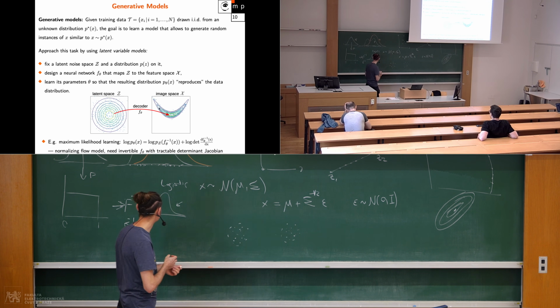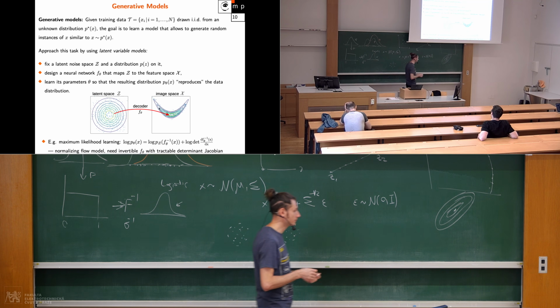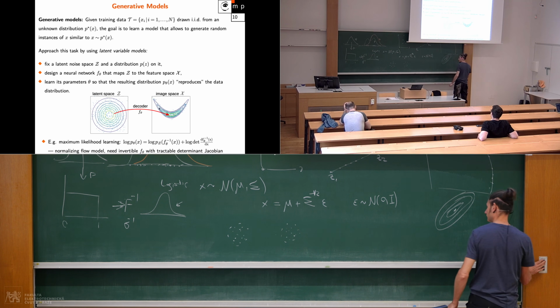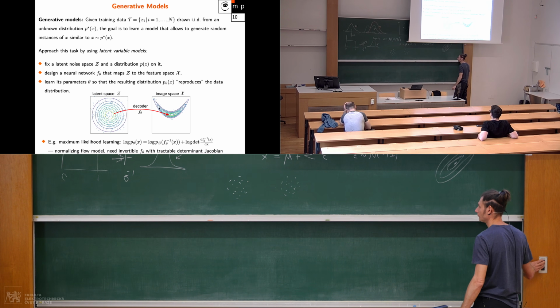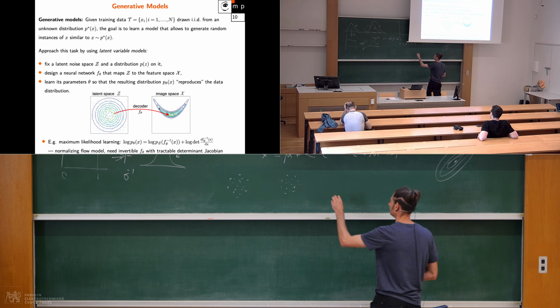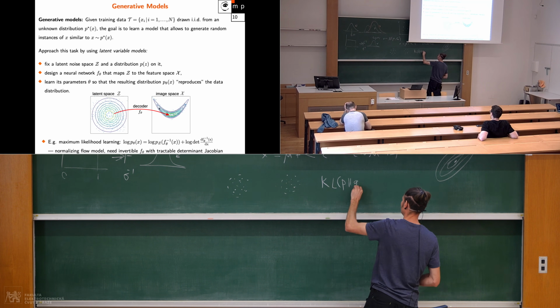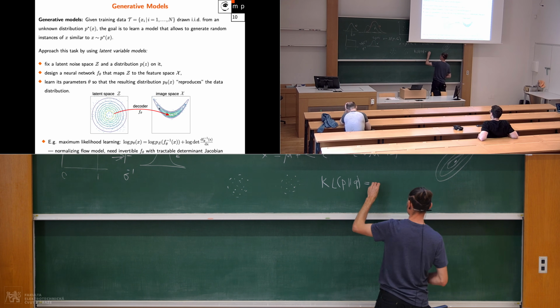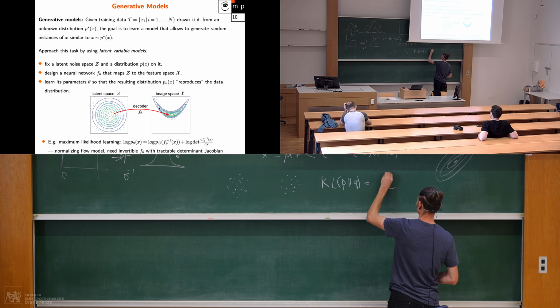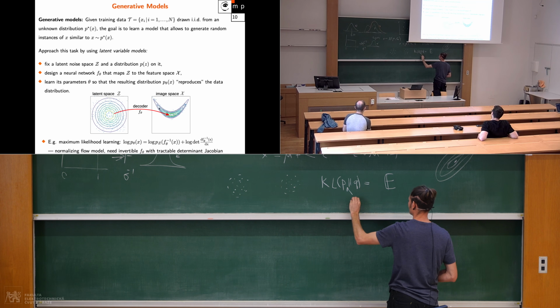And one way to measure this difference is the forward Kullback-Leibler divergence. So if you have the Kullback-Leibler divergence of P and Q, this is going to be an expectation, and P is our data, right?